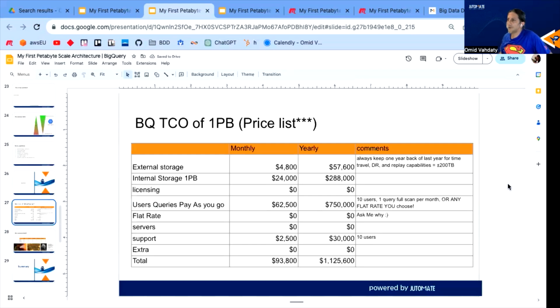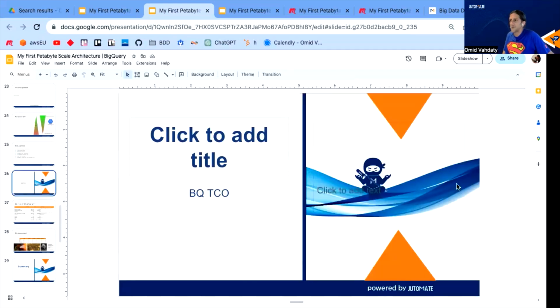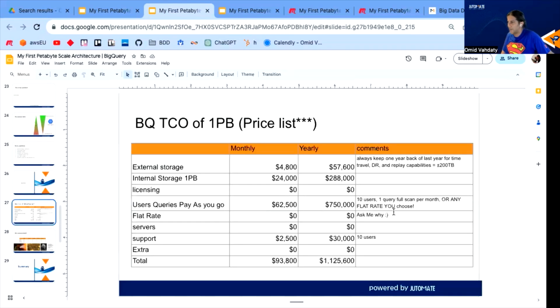And you can choose a flat rate for that, or examine your own assumptions for your workload and do your calculation. Perhaps there's only one full scan per month, and the rest will be on just minor data sets or the last few days, aggregated layers, or any type of calculation that will make more sense to your workload.